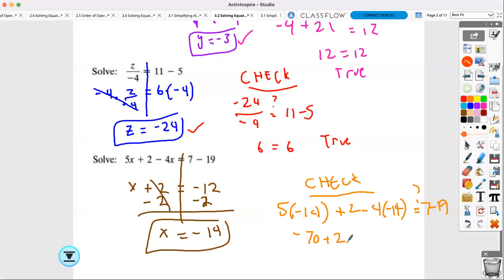Then we have negative 4 times negative 14, which is plus 56 equals negative 12 over here on the right side, right? Then I do negative 70 plus 2 plus 56. And I get negative 12 equals negative 12, which is true. This is a correct solution. And we're done.